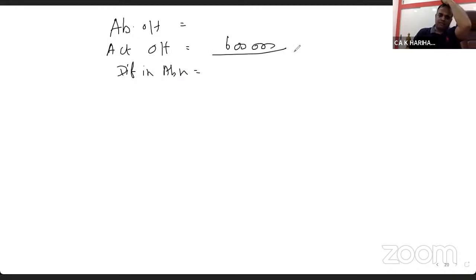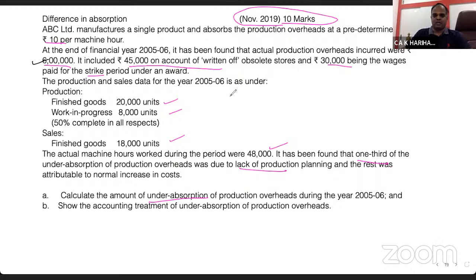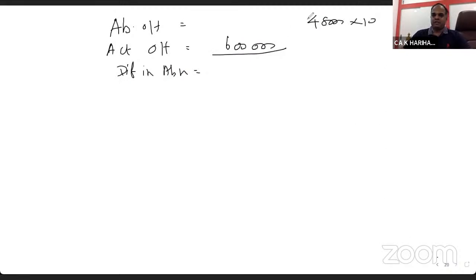What is called absorbed overhead? How many hours did you work? 48,000 hours. The number of hours worked comes to 48,000 hours, and the predetermined overhead rate per hour, which is nothing but the recovery rate per hour, comes to 10 rupees. 48,000 into 10 is equal to 4,80,000, which is the absorbed overhead.